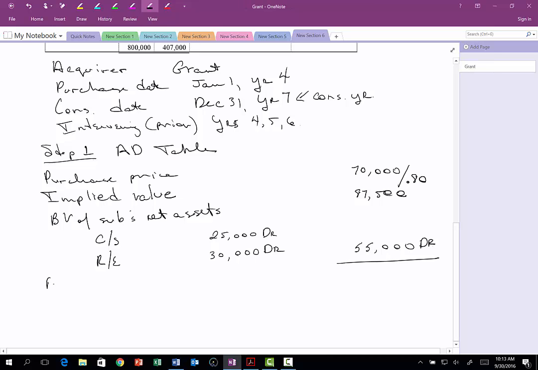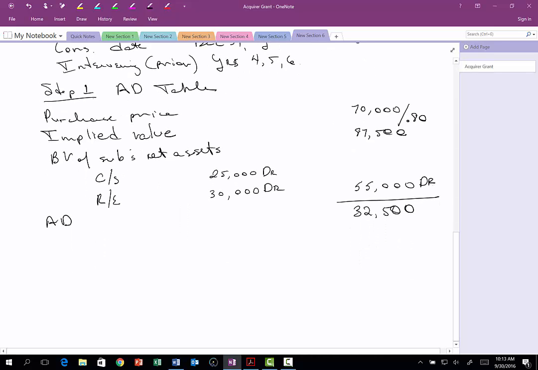And so that's going to give us an acquisition differential of 32,500. Remember, the AD is really just the amount we paid in excess of the book value of the sub's net assets, i.e., it's the amount we paid in excess of what the balance sheet of the subsidiary at that time would have valued it at.